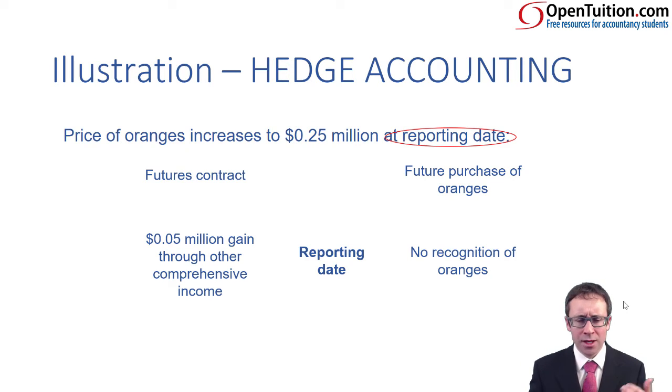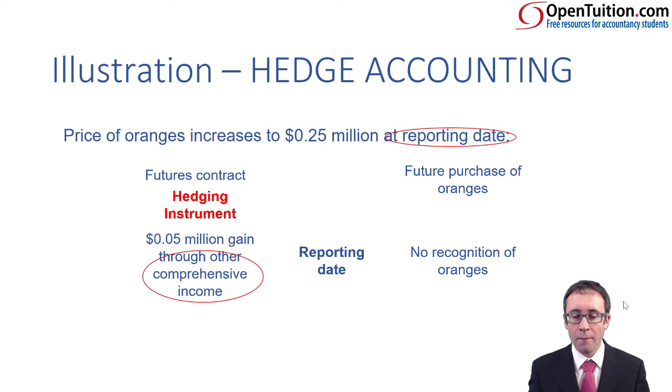So the 0.05 million gain goes through other comprehensive income, because that futures contract under cash flow hedge accounting is there as your hedging instrument. The gain or the loss, but here it's a gain, goes through other comprehensive income, scurried away in your hedge reserve.